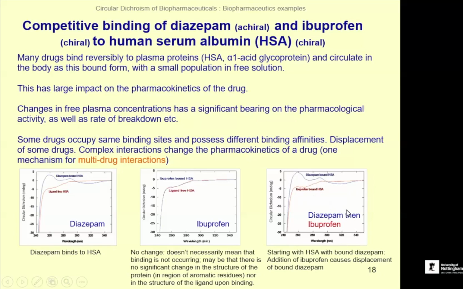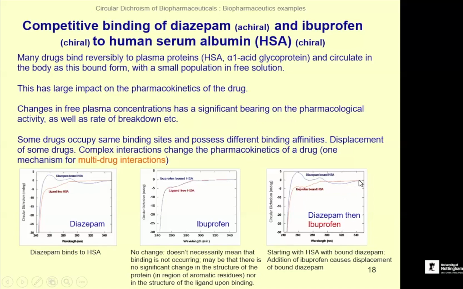And then, once you've got that spectrum, you add in the ibuprofen and see whether it changes or not. If it doesn't change, ibuprofen is therefore not able to competitively knock the diazepam off that binding site. If it does change, of course, it means that they are competing with each other, and the ibuprofen is now knocking the diazepam off and changing the spectrum to something else.